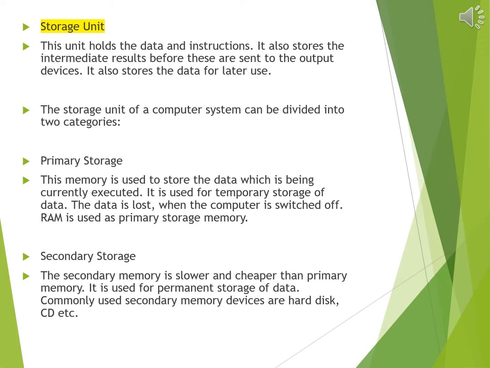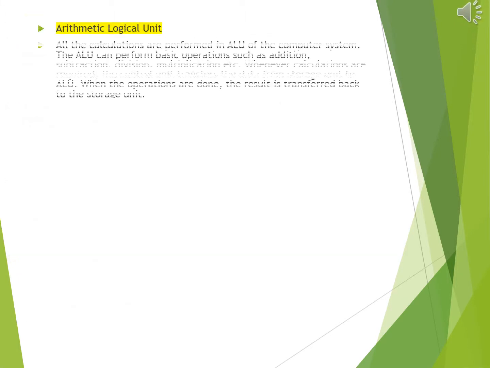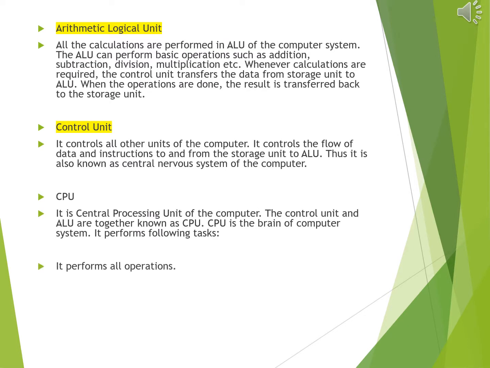Secondary storage. The secondary memory is slower and cheaper than primary memory. It is used for permanent storage of data. Commonly used secondary memory devices are hard disk, CD, etc. Arithmetic logical unit.